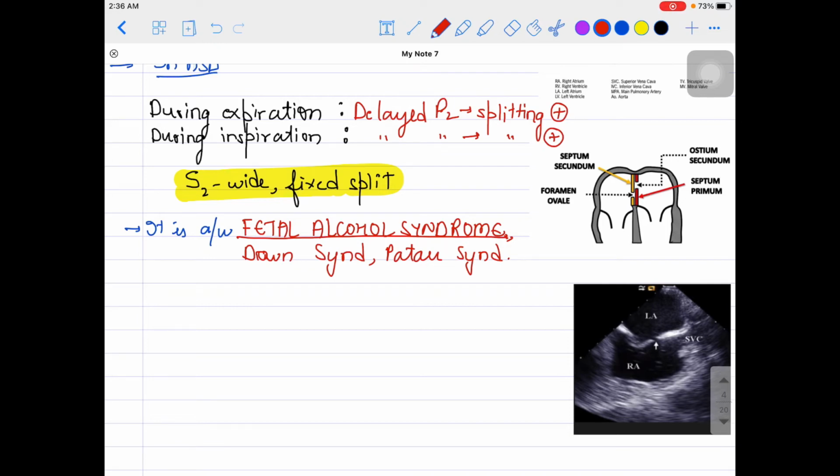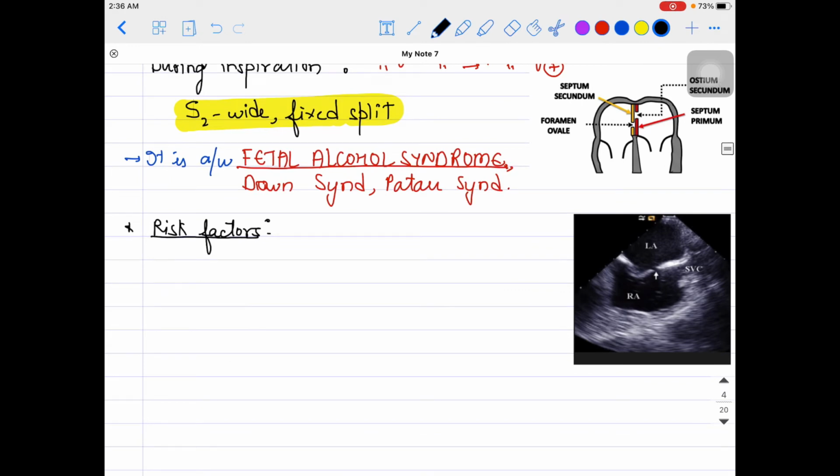Now once we are clear with this, I would like to mention some of the risk factors. For example, family history: if the grandparents, the father or the mother had this particular ASD, then their child might have that. So family history is very important. The second thing, as you study in other topics also, is the history of alcohol and smoking.